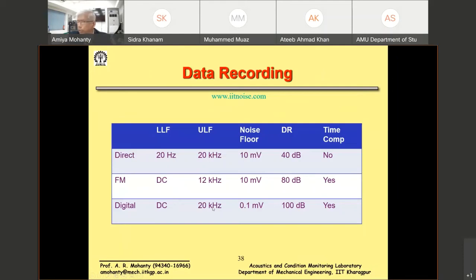In my laboratory, I will show you, there's a picture, we can record 12 channels each at 1 megahertz. Very, very fast sampling. But the question is, once it is digital, this data has to be stored.